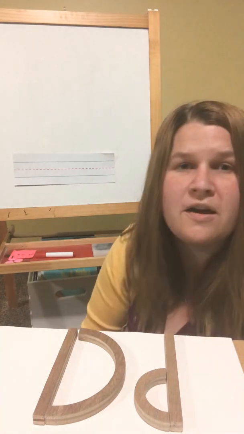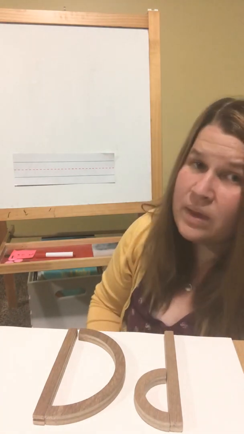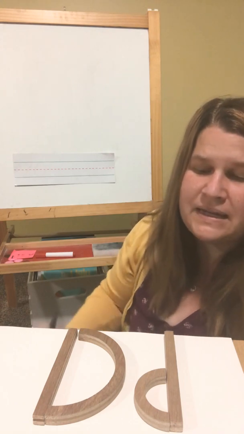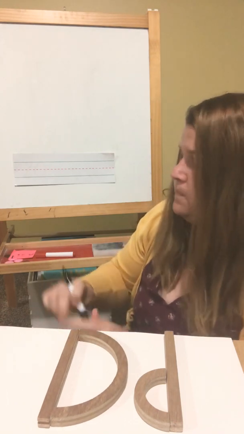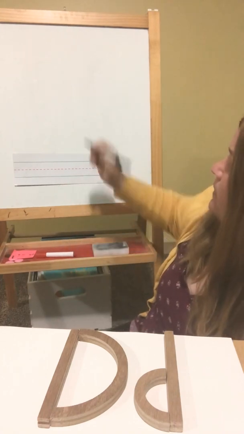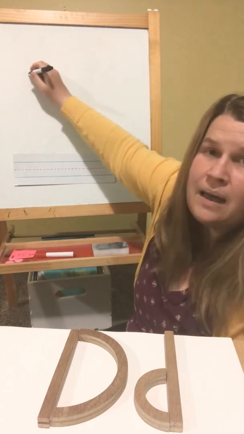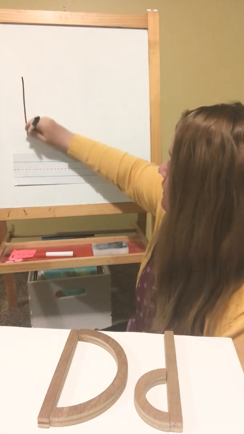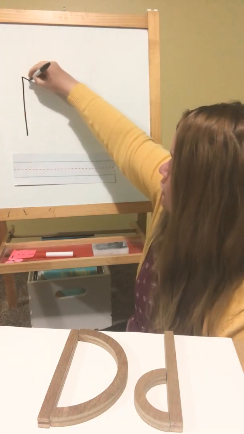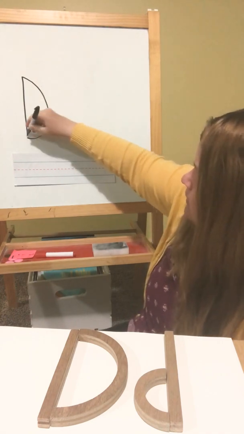So our word of the day today, actually first, I'm going to show you how to write a D. I showed you how to make it with a stick and a curve, but I'm going to show you how to write it too. So up here, we're going to start up at the top, and then for your uppercase D, you draw a big straight line down. And then you go back to the top and you draw your big curve all the way around.